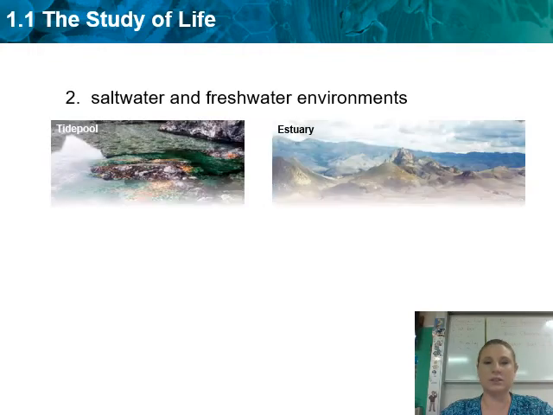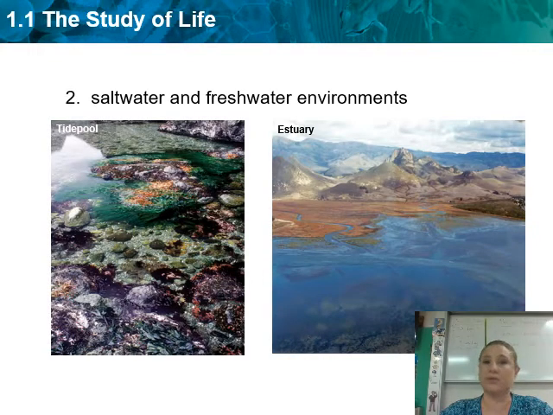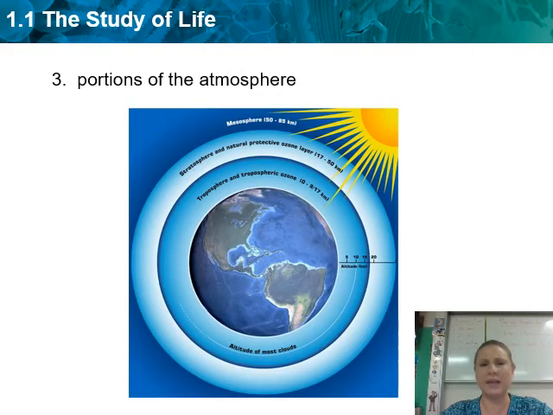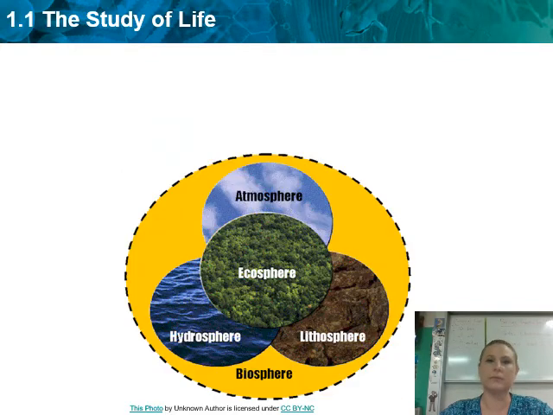We also have ecosystems found in the water, saltwater and freshwater environments, and we used the word hydrosphere for the water parts of our planet. And lastly, we can find life throughout different portions of the atmosphere, which is just the air that surrounds the planet. In those lower levels, you can find a lot of life as well.